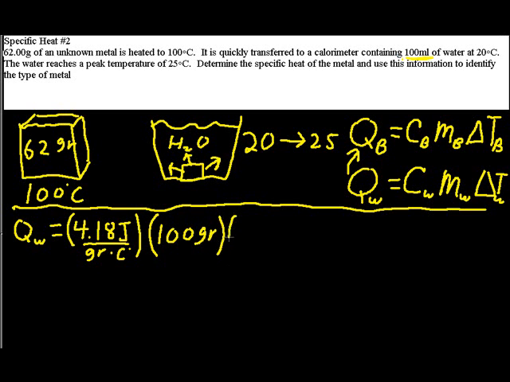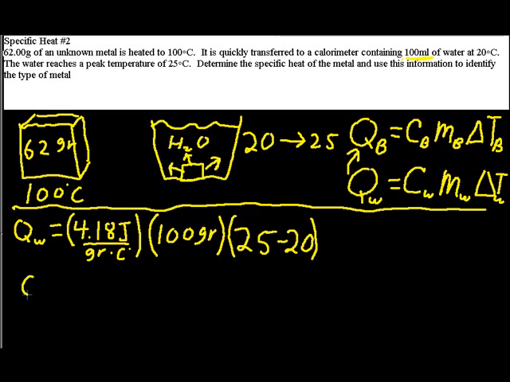Now, what was the temperature change of the water? The temperature initially was 20 degrees Celsius. And the temperature wound up being 25 degrees Celsius. So delta T is always final minus the initial. And so we get 25, which is the final, minus the initial, which is 20. So the delta T, the change in temperature, is final minus the initial.